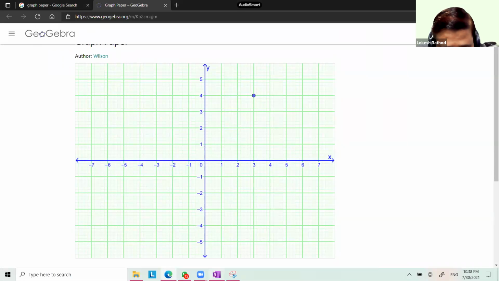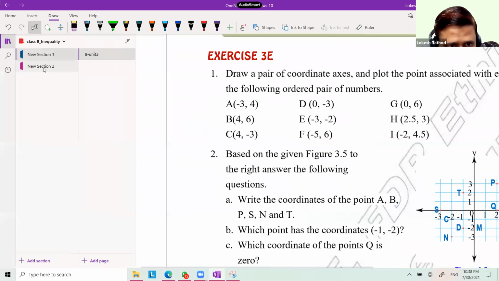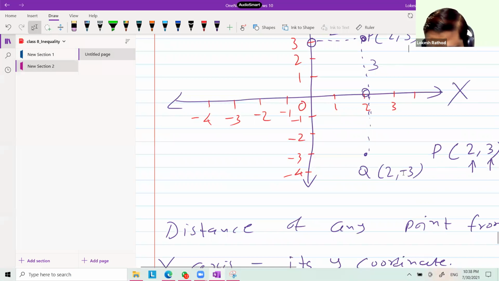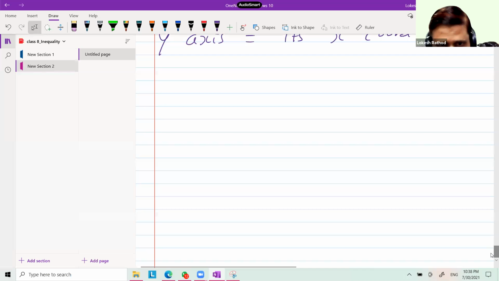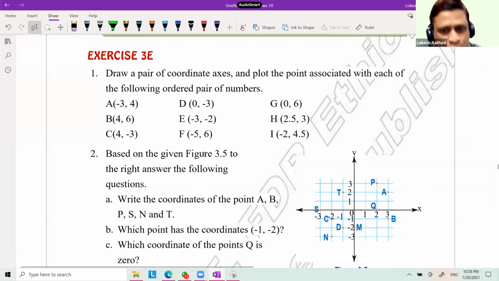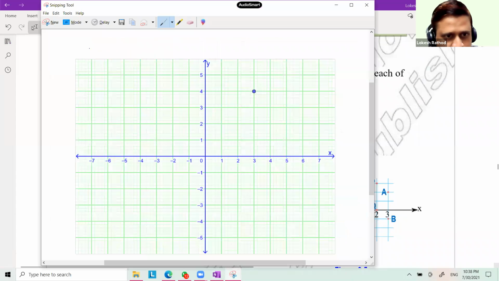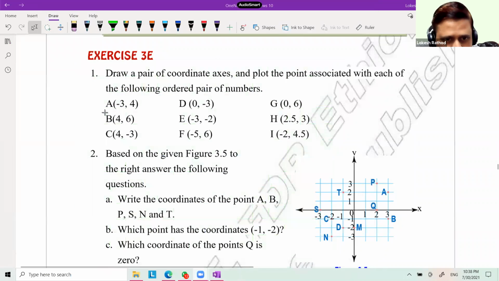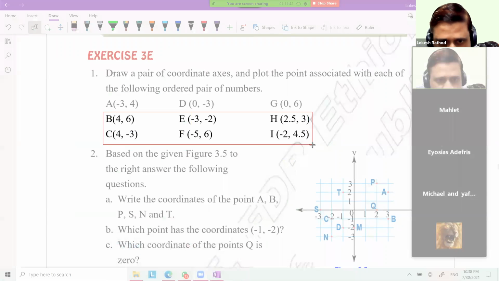So now it will be easy. Represent these points. I can take a few of the points from this.